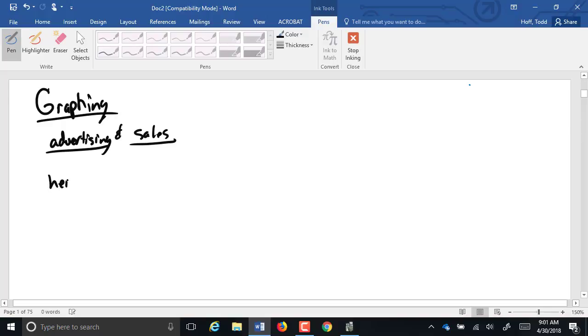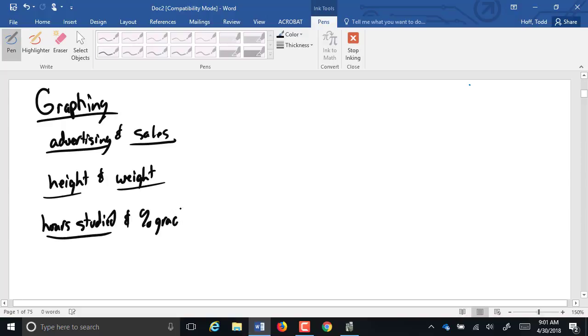It might be height and weight. Might be hours studied and percent grade on a test. There are all sorts of numbers that have relationships that come in pairs.